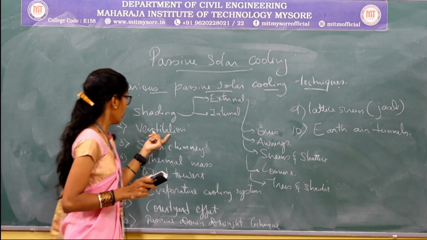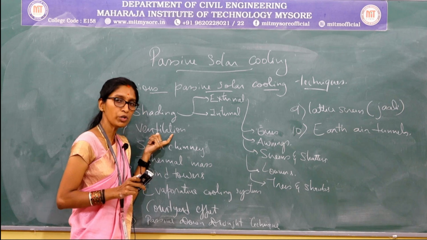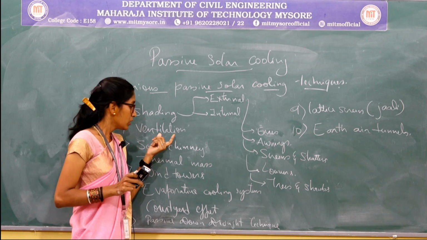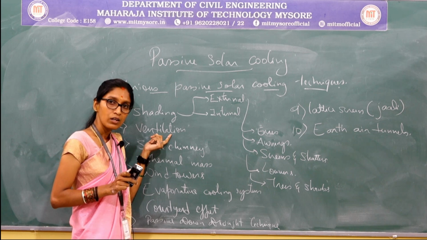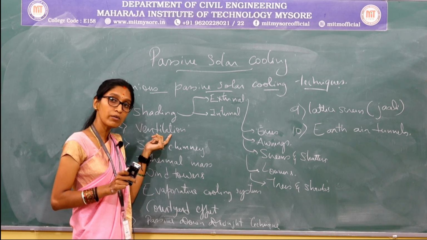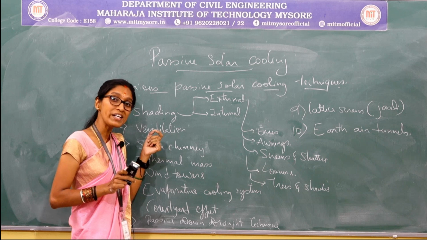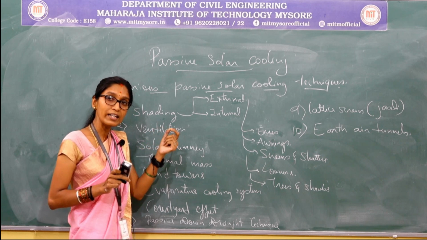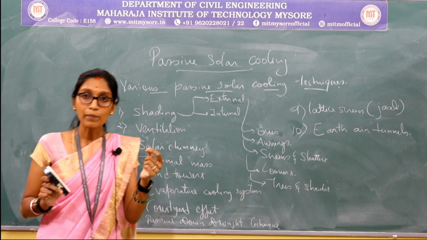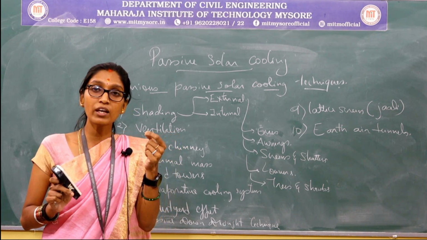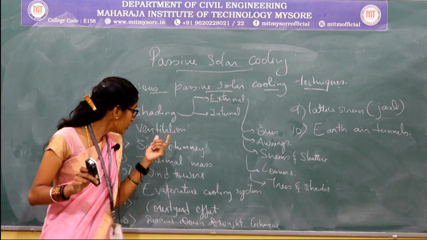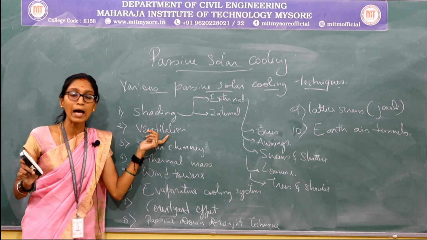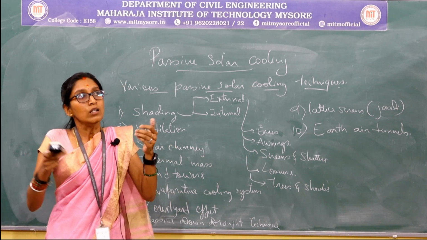Next, ventilation. What do you mean by ventilation? The word itself tells you that it is a free movement of air. Ventilating, that is, I am making a vent which makes the free movement of air happen, right? So how does the cooling happen through ventilation?